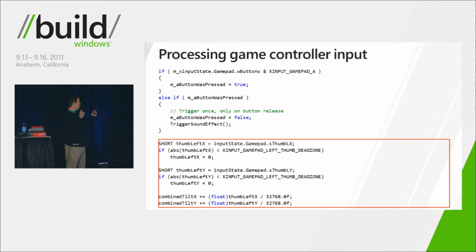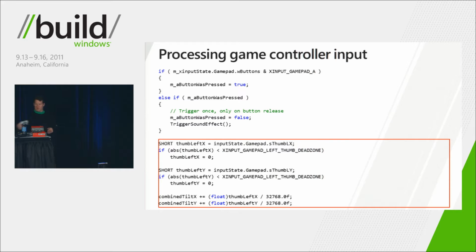Here's an example of using the thumbsticks. The thumbsticks give us a continuous value, and I check this with a dead zone. A dead zone is something that's very commonly done with game controllers because there's a certain mechanical variance between devices, where the default position of the thumbsticks varies from device to device in the very sensitive ranges.